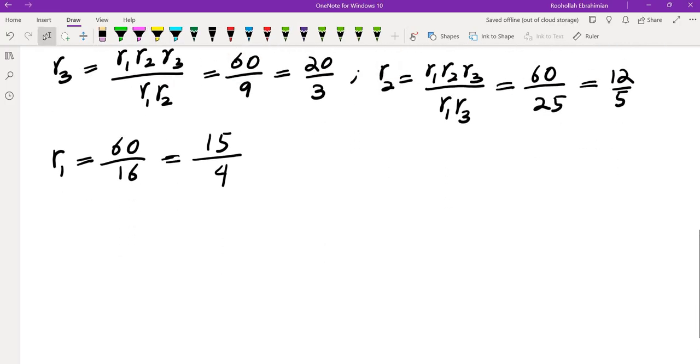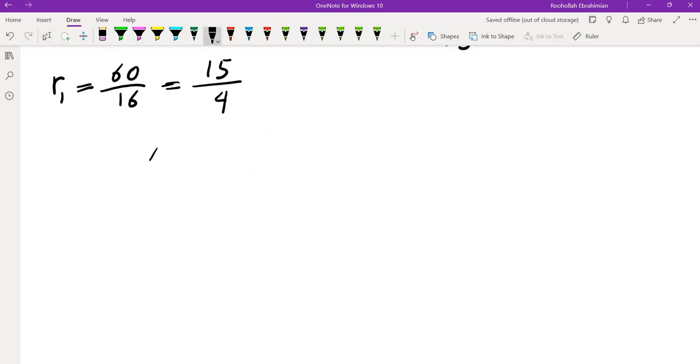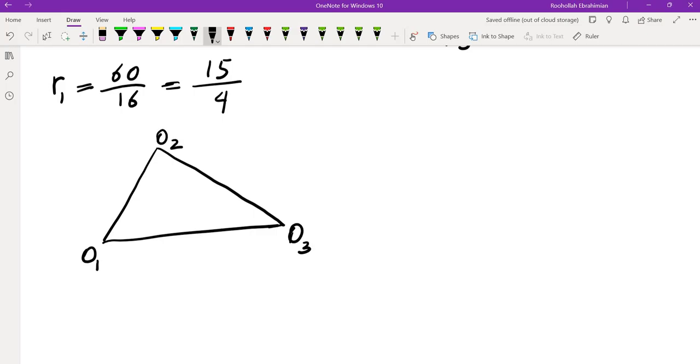Now if you look at the triangle O1, O2, O3, the distance between O1 and O2 is R1 plus R2. The distance between O1 and O3 is R1 plus R3. And the last side is R2 plus R3.